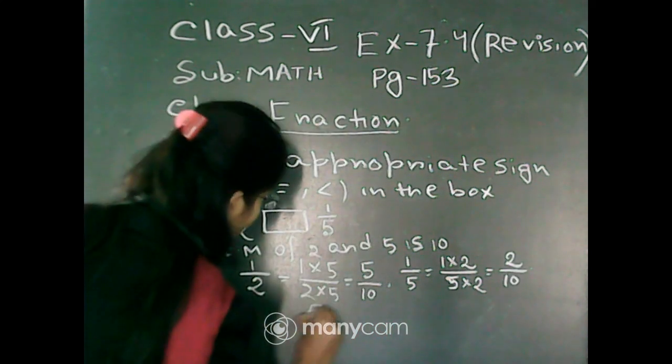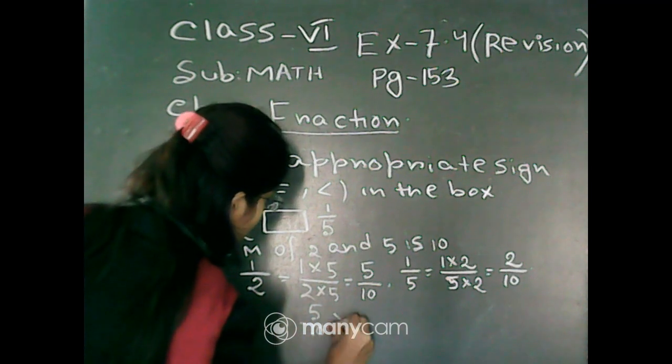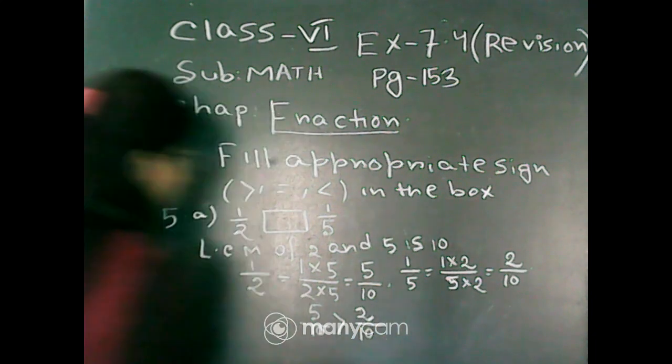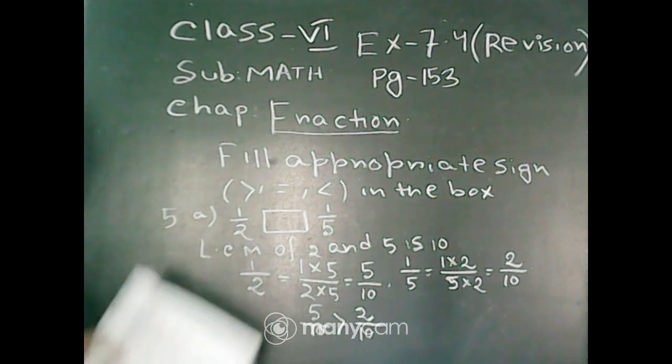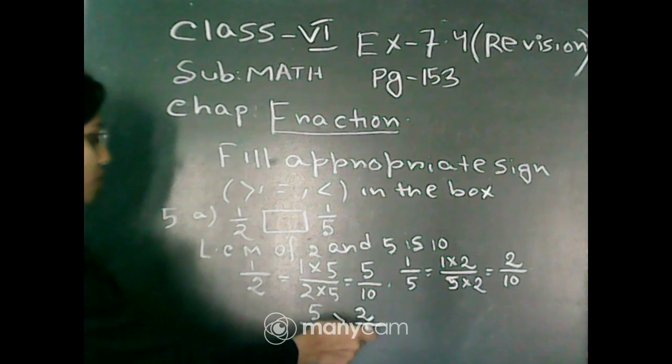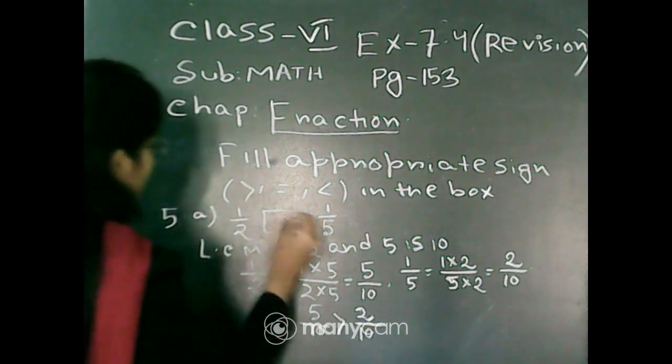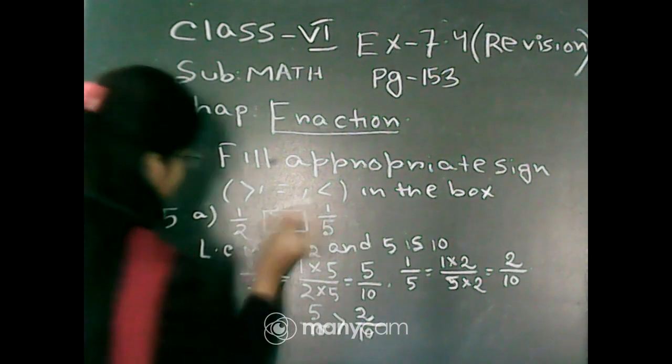Obviously 5 divided by 10 is greater than 2 divided by 10. Here 5 parts out of 10 and here 2 parts out of 10. So 5 divided by 10 is greater than 2 divided by 10 and therefore here the sign is greater than.